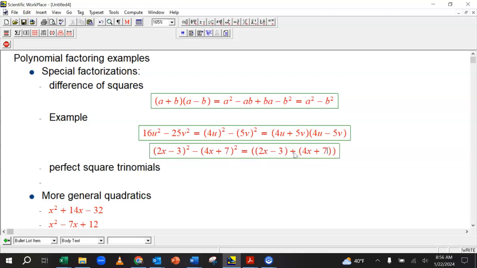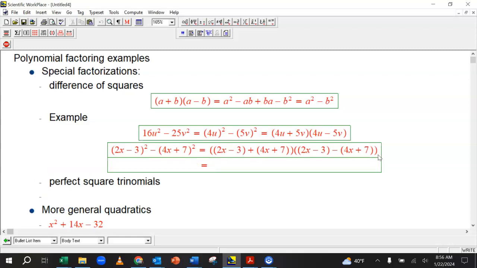Oh, that's supposed to be a plus. Times the quantity 2x minus 3 minus 4x plus 7. That looks a lot more intimidating visually, but the key is the way algebra works, it doesn't matter what's inside these parentheses as long as it fits this pattern. It's one thing, which happens to have multiple pieces inside, plus another, times that first thing minus the second thing.